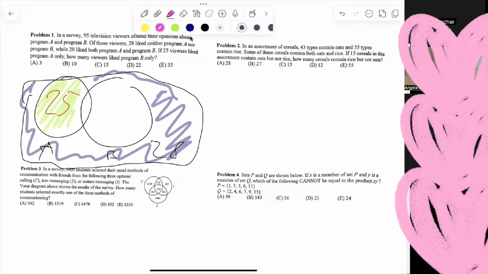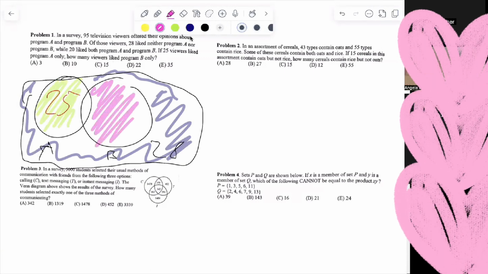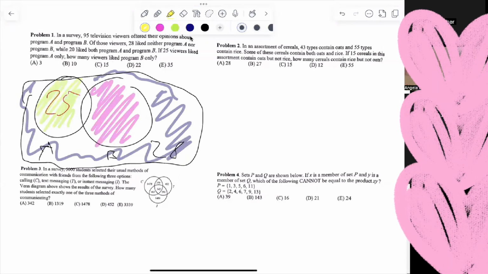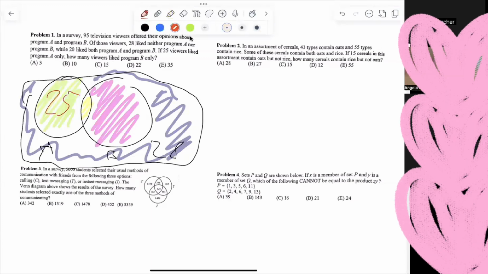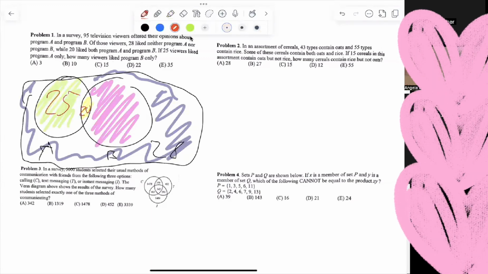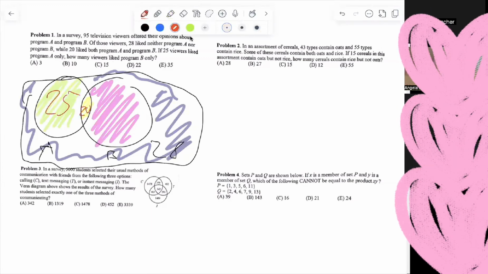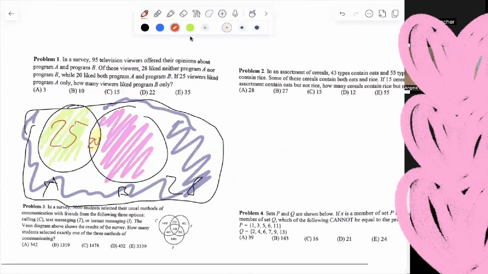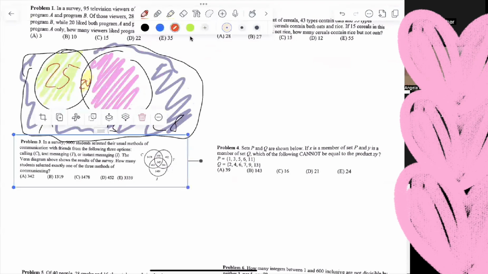But we also notice that we want to find this B, only B, is the pink area. And the yellow we already know is 20. Notice that since the total is 95, move those a bit down.